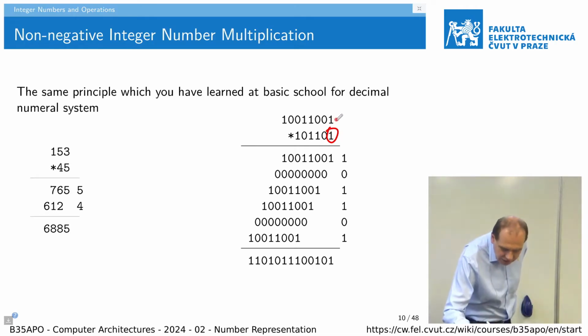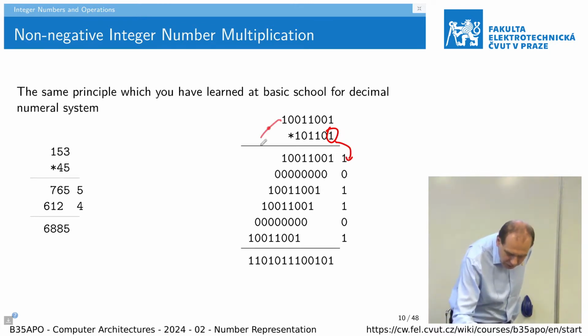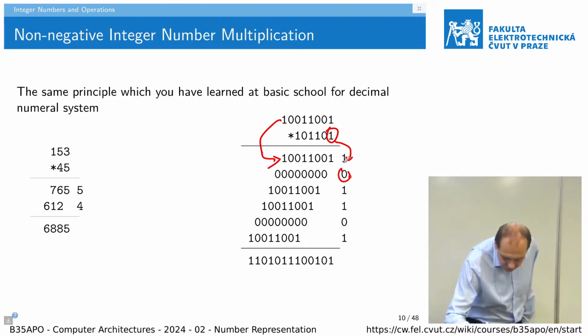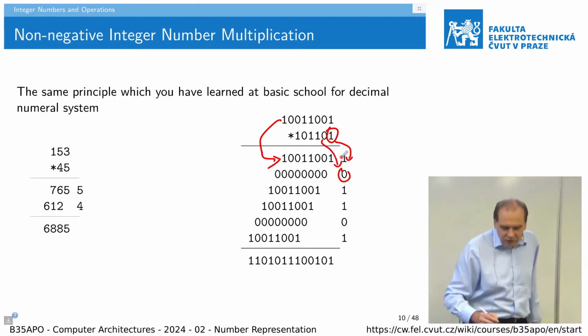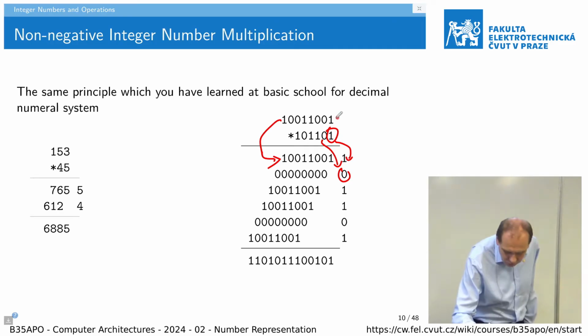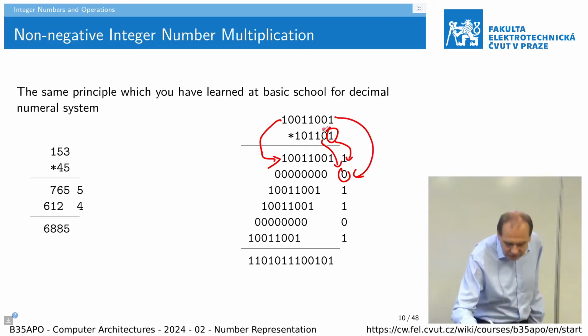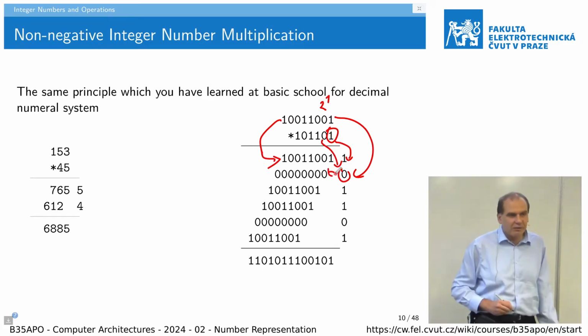In this case, we know that there is the first one, so we multiply the value by 1. Then there is a 0 here, so we take the value, multiply it by 0, and we know that the 0 is at the weight 2 to the power 1. So this means that we need to shift it to the left by 1.